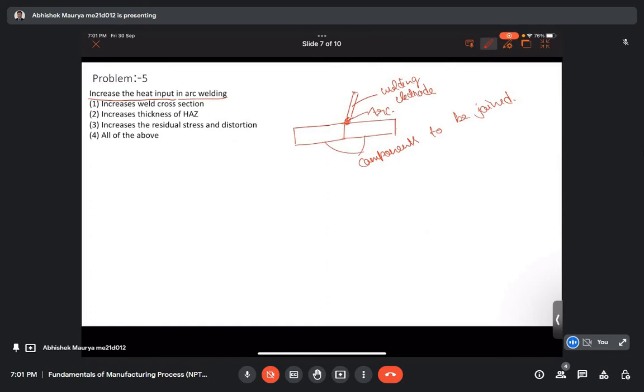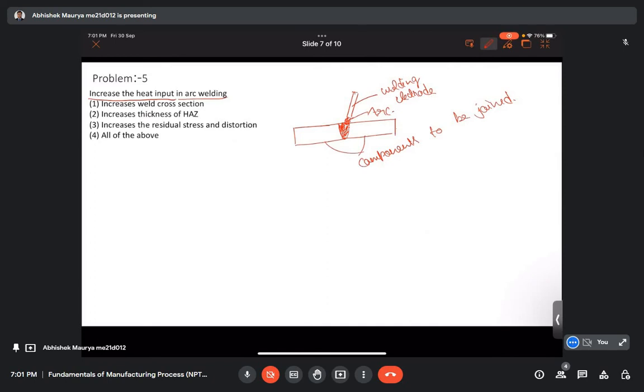And we try to melt the material near the joint, and this melting happens because of heat produced due to the arc.